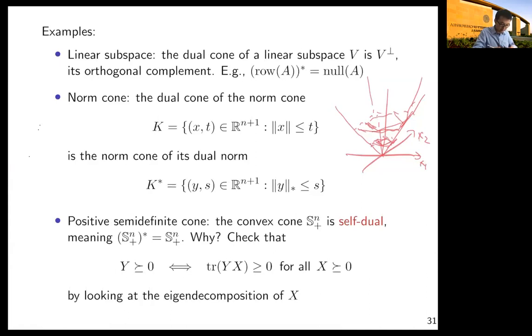Okay. So there's an interesting property when we apply this result to the semi-definite cone, because the semi-definite cone is self-dual, and it's easiest to see that algebraically by simply applying the definition of the dual cone. So the way to see this is the following.